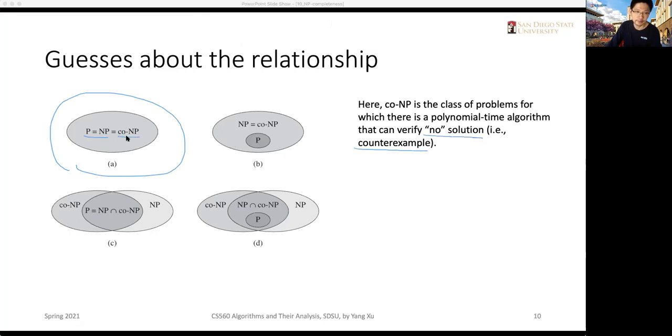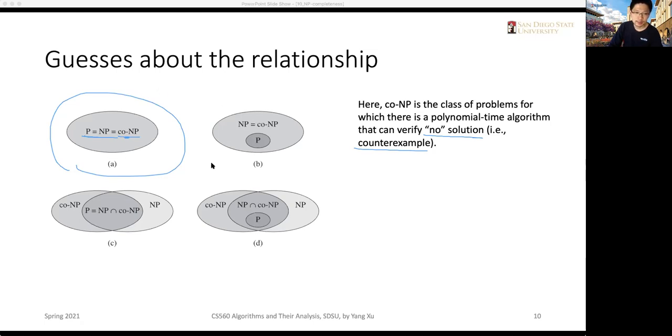So that's just a variation of NP. If P equals NP, then basically every type of problem can be found a polynomial time solution. So that is one guess, but it's not very likely though.